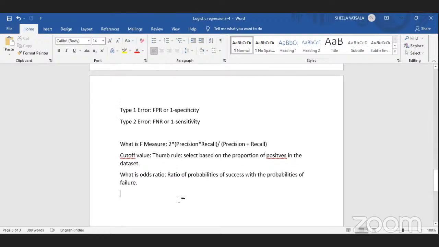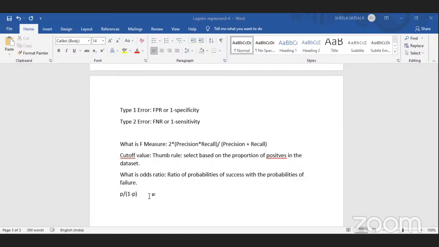So there is something that we do even when you're working on R or Python. In R specifically, we try to take the exponential, right? We take a log of it. How do we do that? Log of that is p by 1 minus p, where p is the probability of success and 1 minus p is the probability of failure. Okay, that will give us q. q is the probability of failure and p is the probability of success. That is the idea.